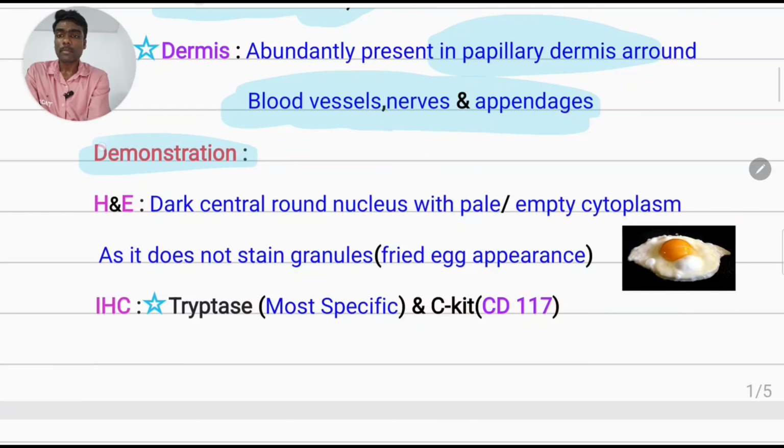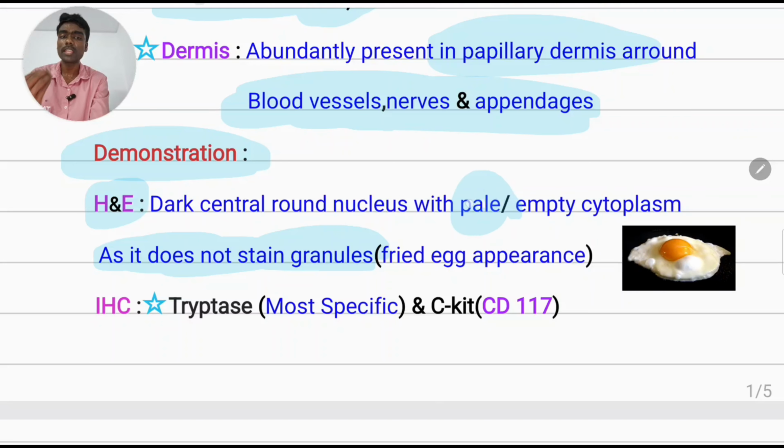Coming to its demonstration. How does a mast cell look on routine H and E stain? A routine H and E stain cannot stain granules. So the entire cytoplasm will look pale or empty with a central dark round nucleus, giving rise to a fried egg appearance.